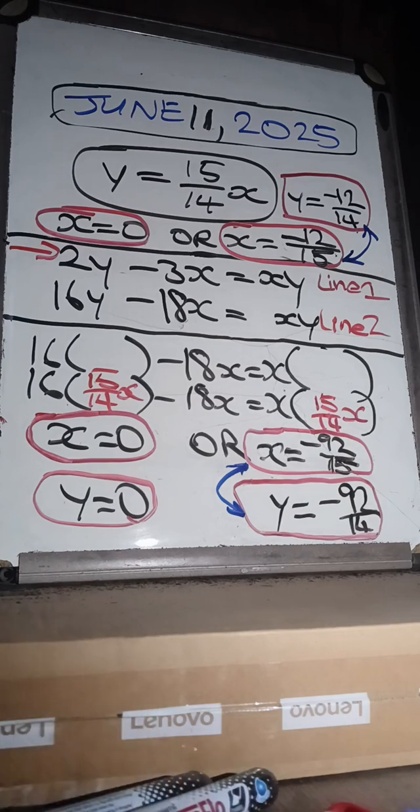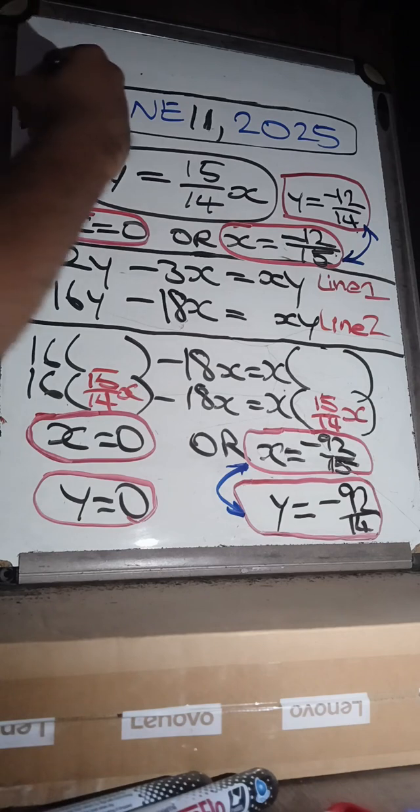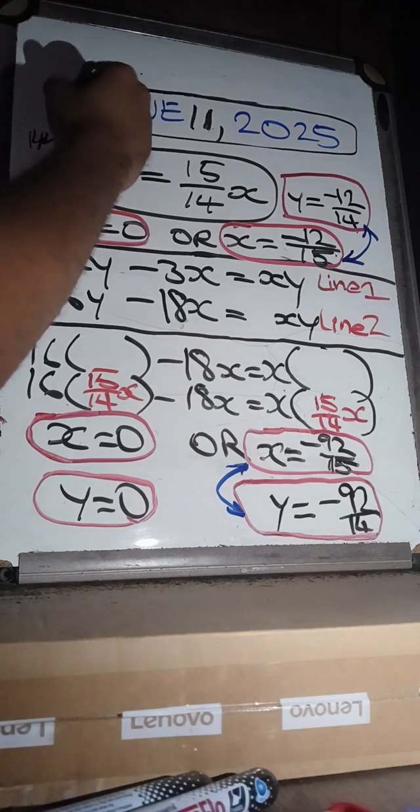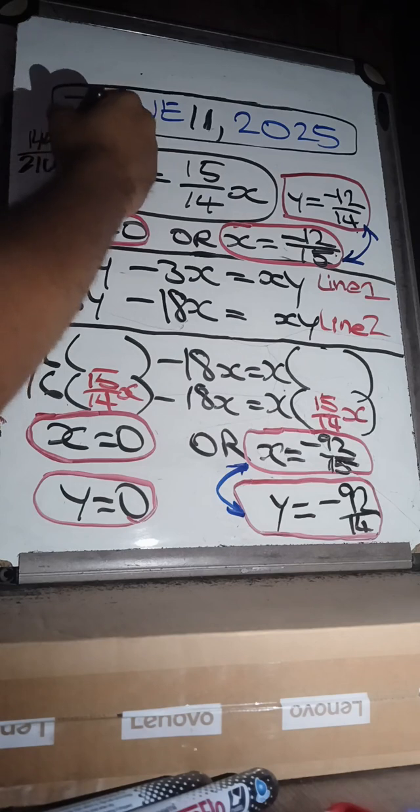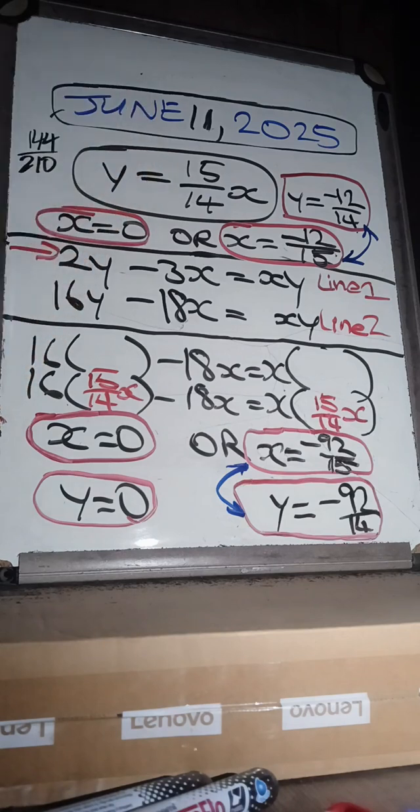So what would that be if you were to reduce it? 144 over 210. What would that look like? 2 by 5 by 3 by 7. The only thing they have in common is 2 times 3, so you could divide both of them by 6.